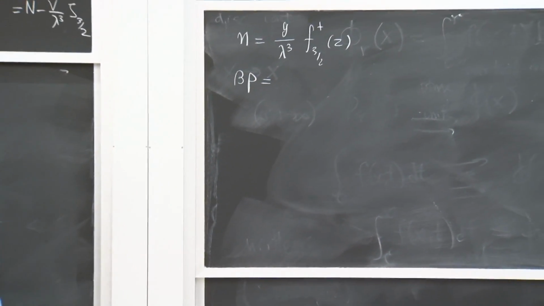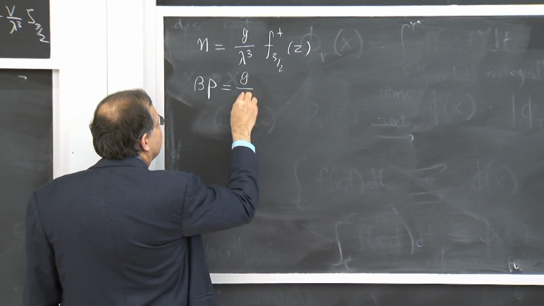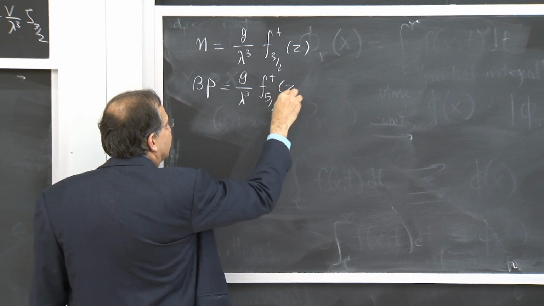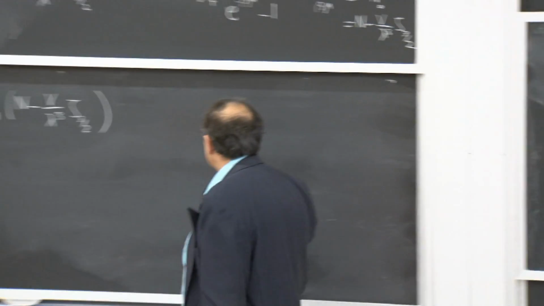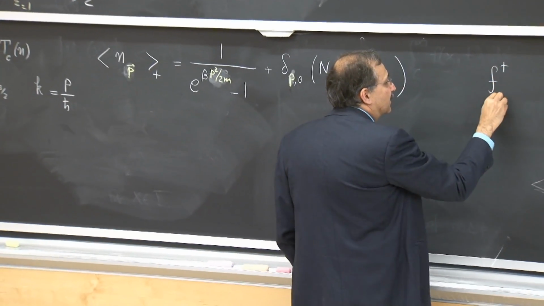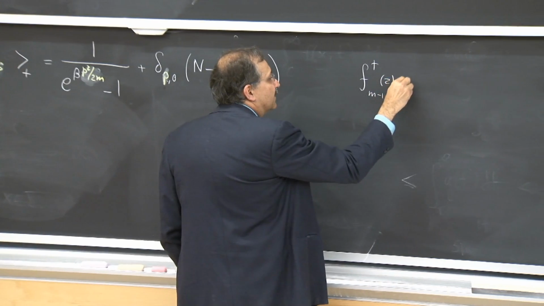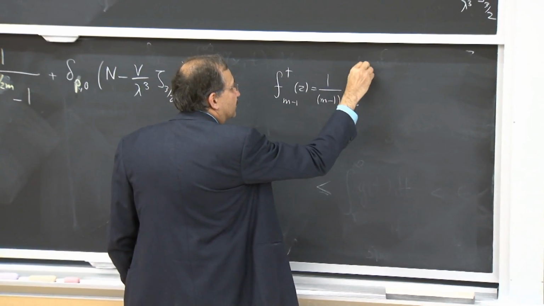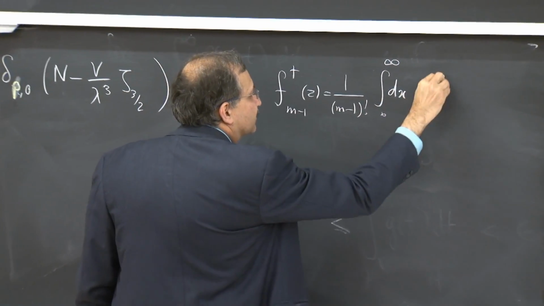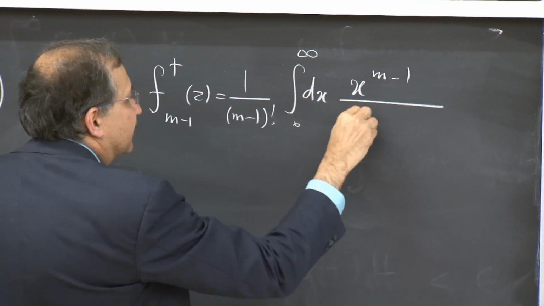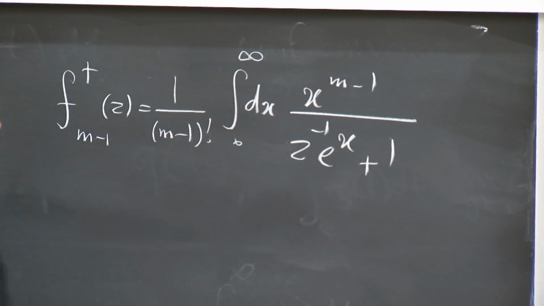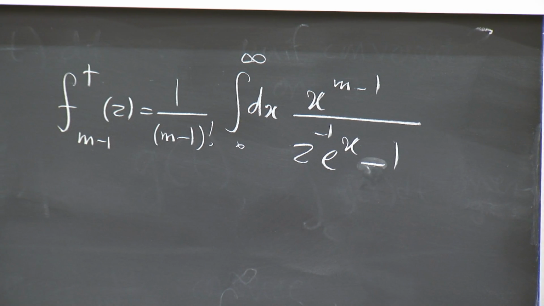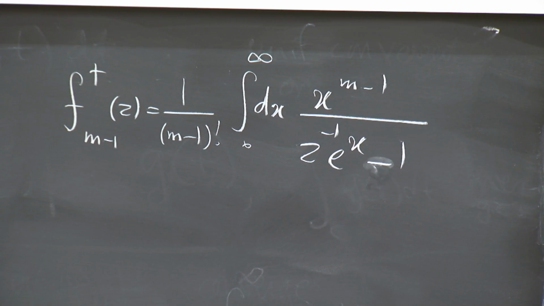Beta P was g over lambda cubed f 5/2 of z. And again, these f's we had defined. F plus m minus 1 of z was 1 over m minus 1 factorial integral 0 to infinity dx x to the m minus 1 over z inverse e to the x plus 1 minus 1. Okay?